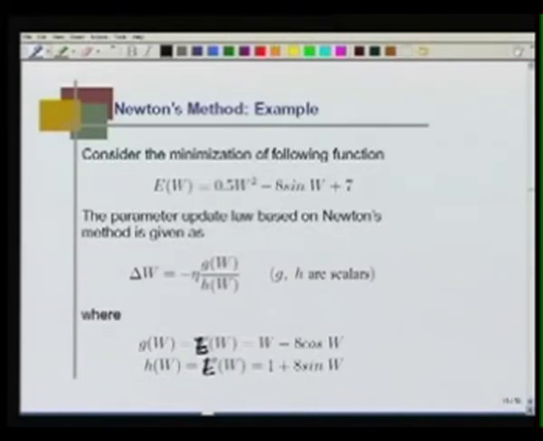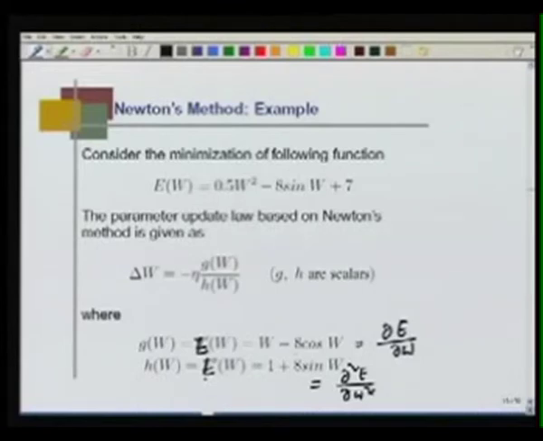This dash represents del E by del w, and the double dash represents del square E by del w square.